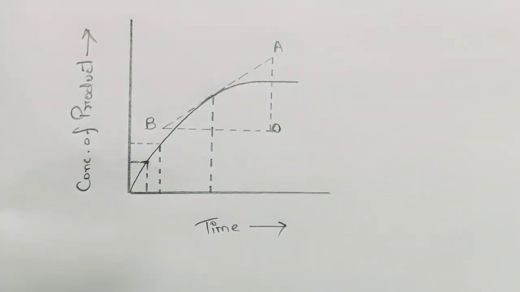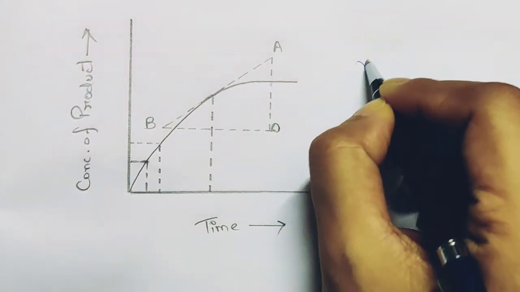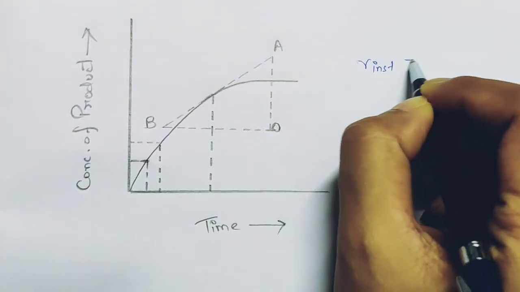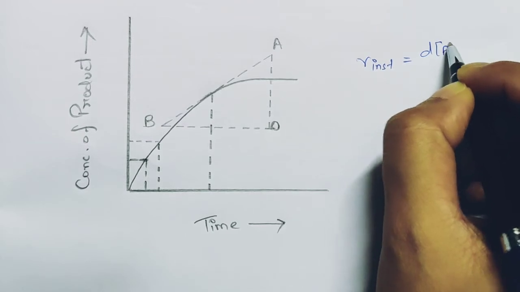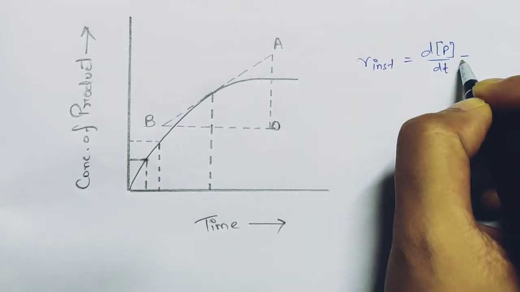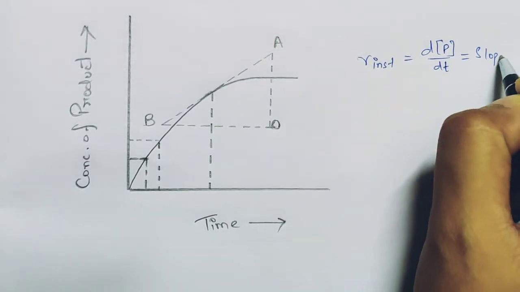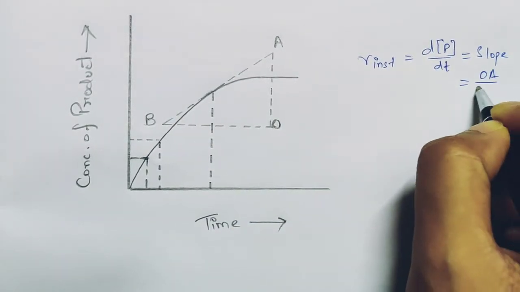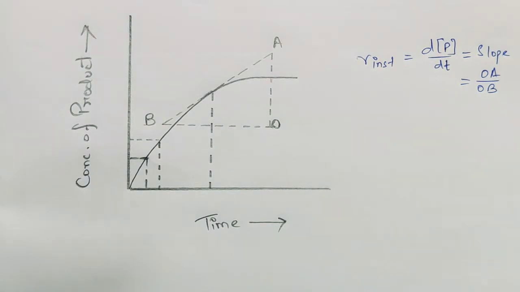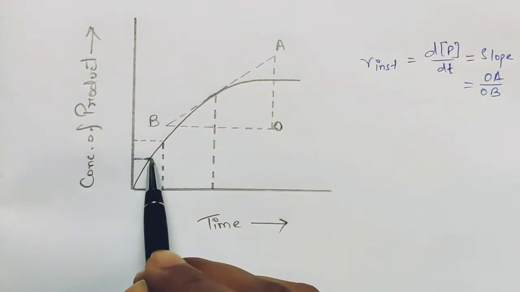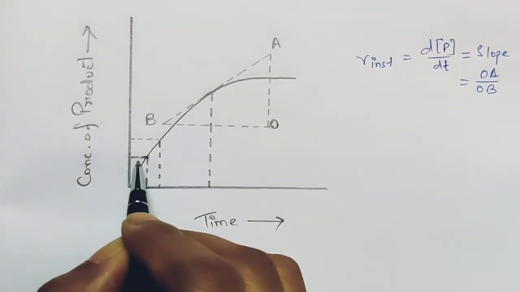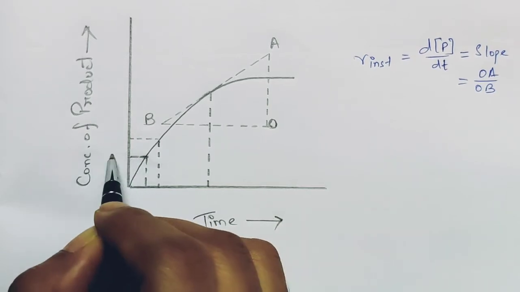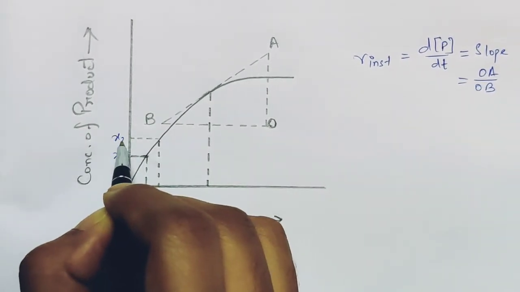So the instantaneous rate will be the slope, positive slope here, that is simply OA by OB. Now if we want to get the average rate, in that case here again we have taken a larger span. Suppose this one is the initial concentration and this is the final one.